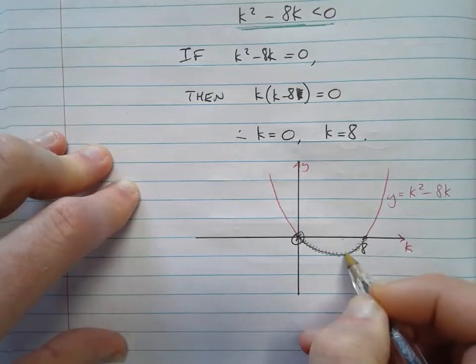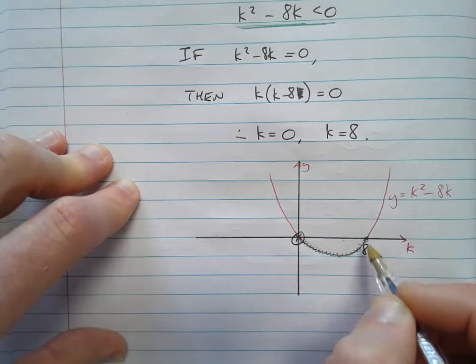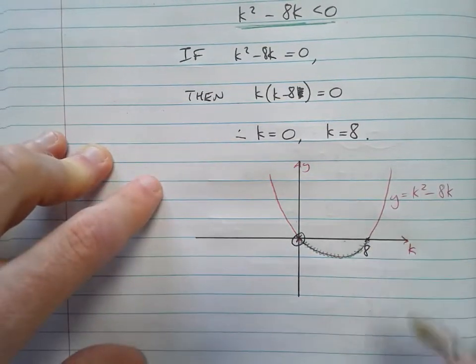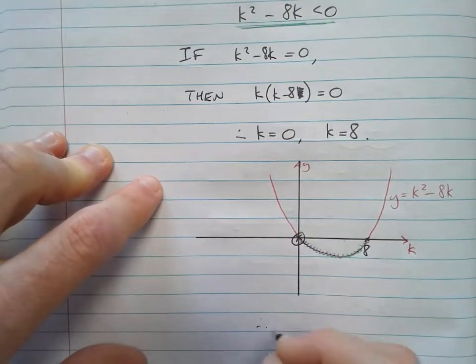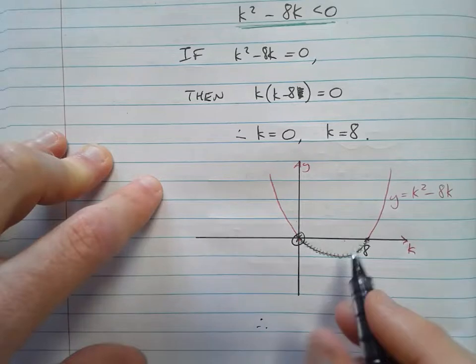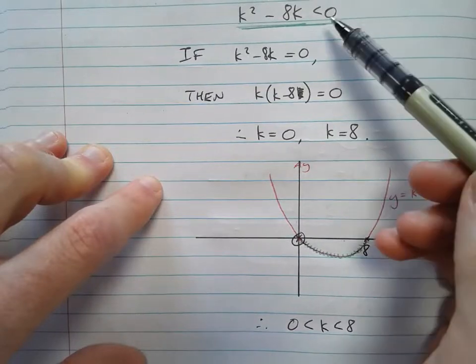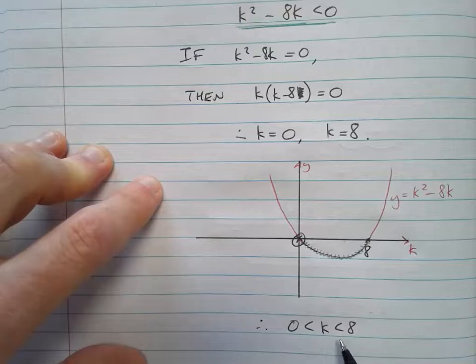And so for all of that region on the graph, the y values are less than 0, which means the k squared minus 8k values are less than 0, as required. Okay, and therefore that region is between 0 and 8. Because this is a strict inequality here, these are going to be strict inequalities there as well.